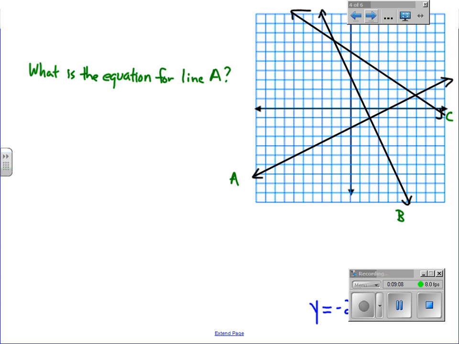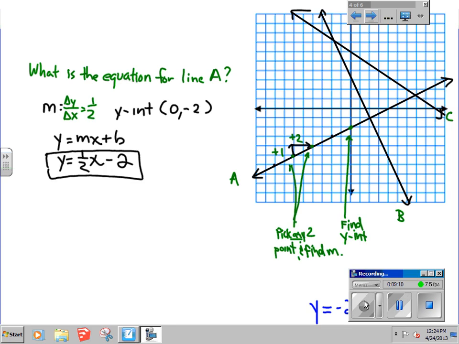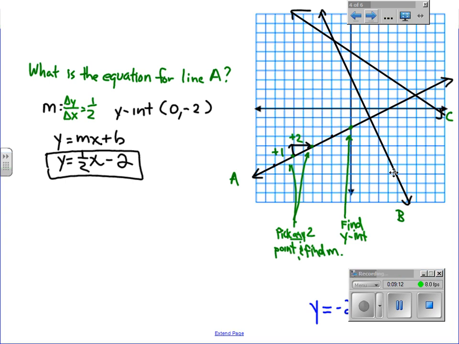So you have to put 2 points on a line. And those can be any 2 points where it's cleanly crossing, right? Right. Okay? And then you have change in y over change in x.